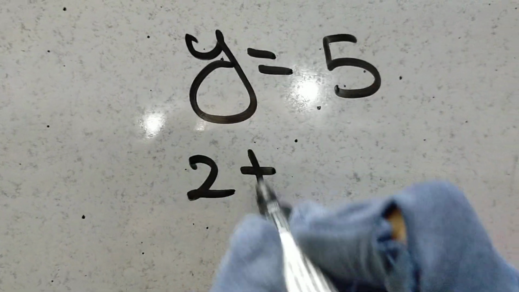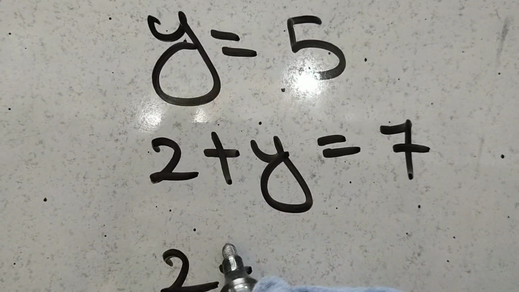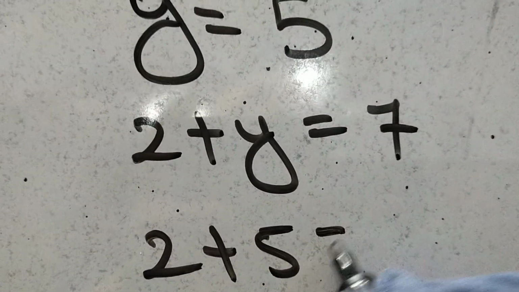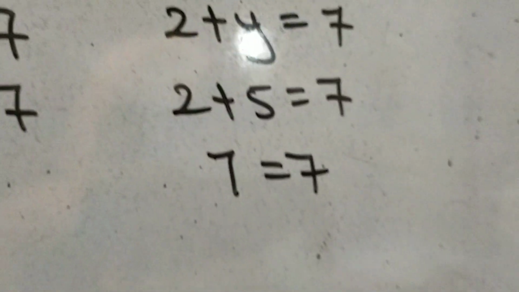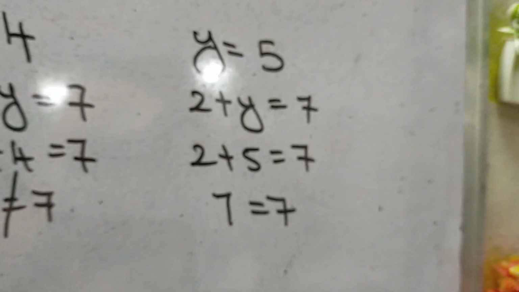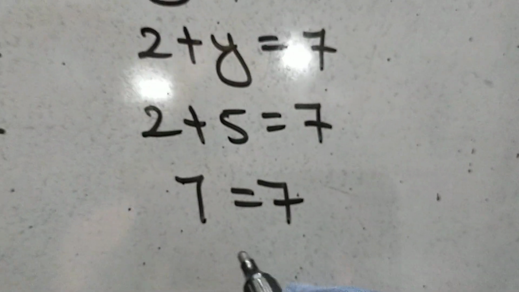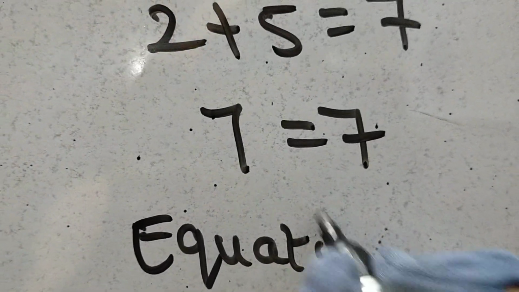So our equation is this one. We are replacing y with 5. 7 equal to 7. Is it equal now? Yes. This mathematical statement holds equality. So here the equation is satisfied.